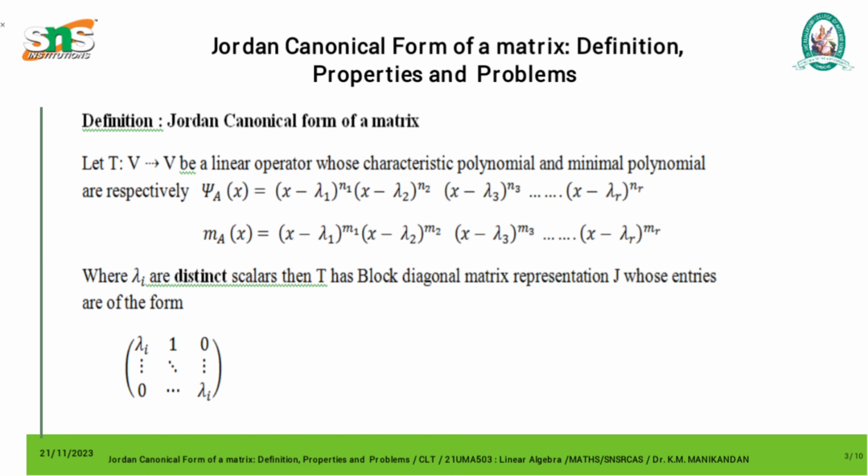Now then, T has a block diagonal matrix. This block diagonal matrix is called the Jordan canonical form, and it has lambda i on the diagonal and 1 on the super diagonal: first row lambda i, 1, 0, ...; second row 0, lambda i, 1, ...; and the last row 0, 0, 0, ..., with the last entry being lambda i.